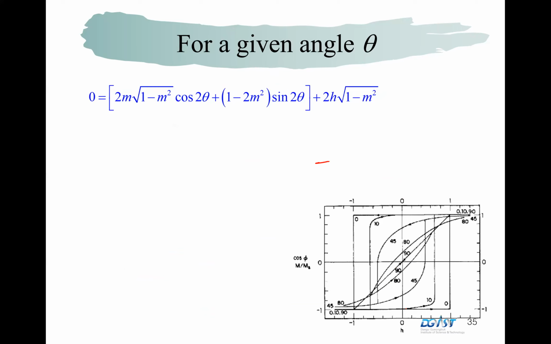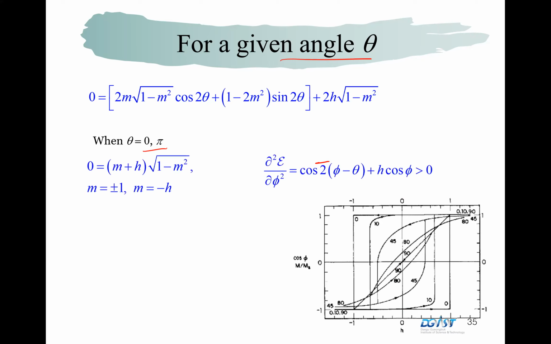So let's think about the case where the magnetization direction angle is fixed. Actually, we already did the case where theta is 0, and you can repeat it again. When theta is 0, you can simplify this equation into this form.